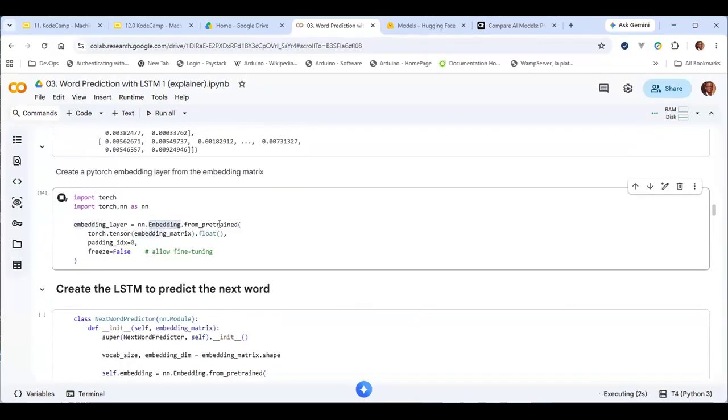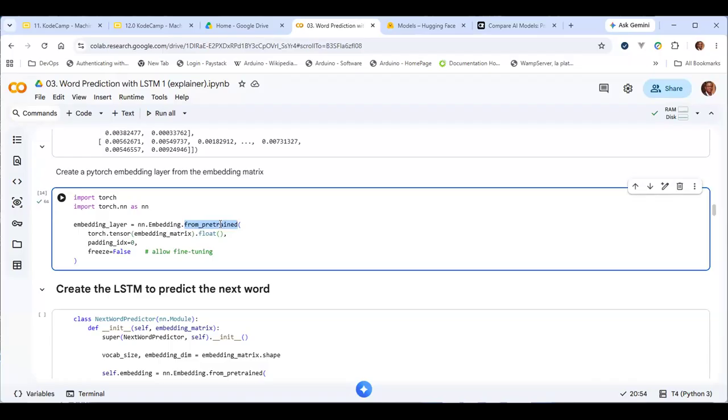And then when you use from pre-train, there are two ways you can have an embedding layer. You can actually train an embedding layer by giving it data, giving it the sentences, the embeddings, and then giving it the meanings, and it will basically learn its own embedding, right?